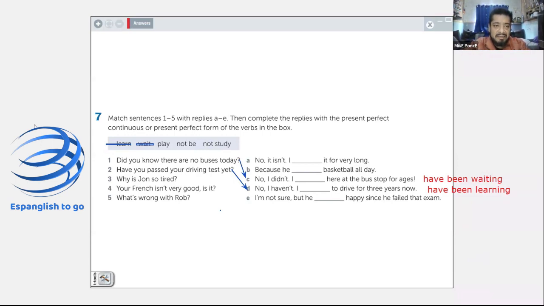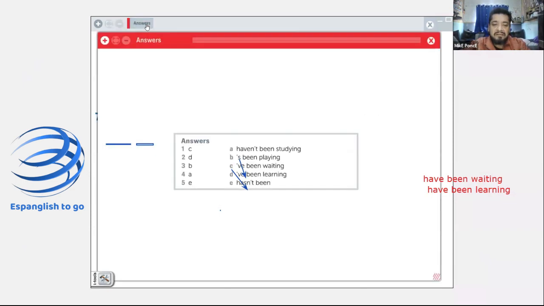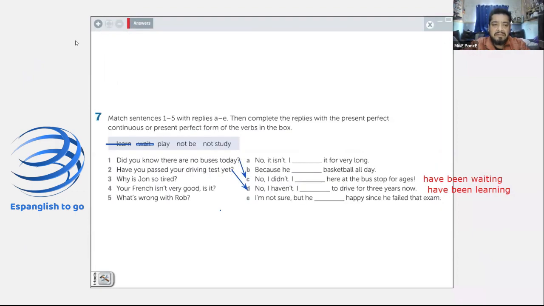Anyways, well, now let's check what we have for number 3. In our answers, we have number 3 is letter B. And letter B is has been playing. So we match here the number 3 with letter B. We have question why, and then we have answer because. So yes, it makes sense. Why is John so tired?